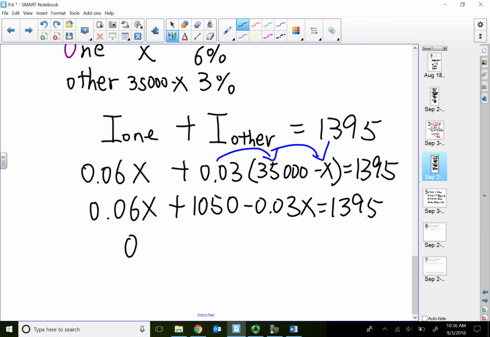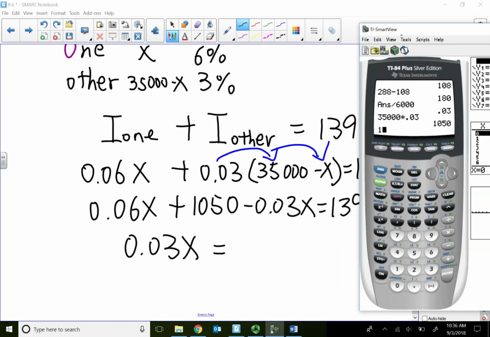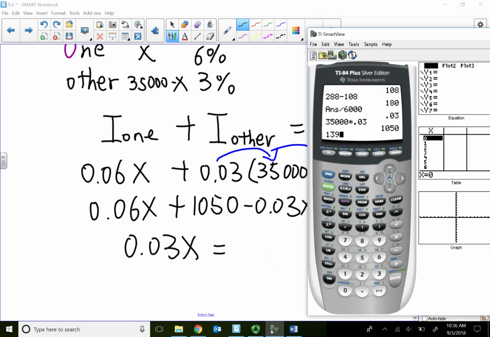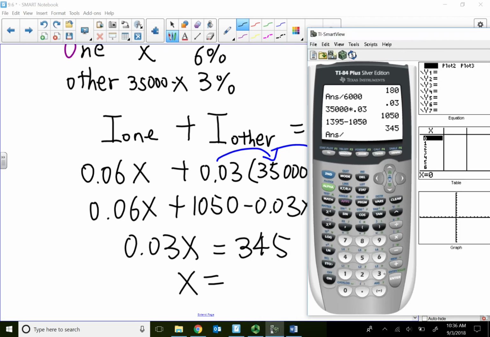Combine like terms, 0.06x minus 0.03x, 0.03x again, equal to, move the 1050 to the other side, which becomes negative. So that would be 13.95 minus 1050, which is 345. Divide both sides by 0.03 to get x by itself. My answer, 11,500.